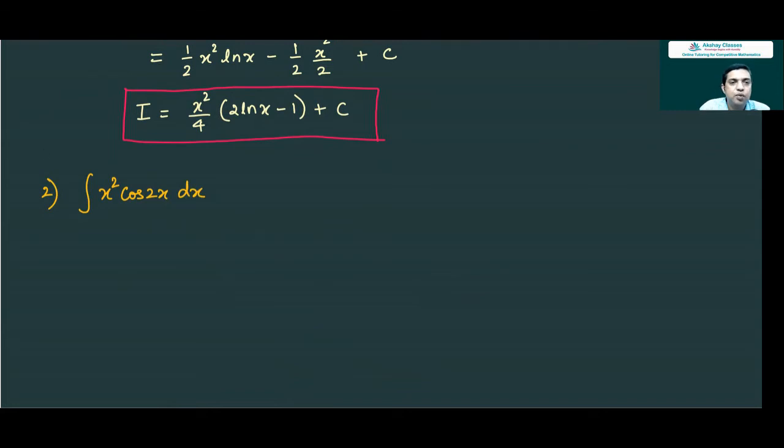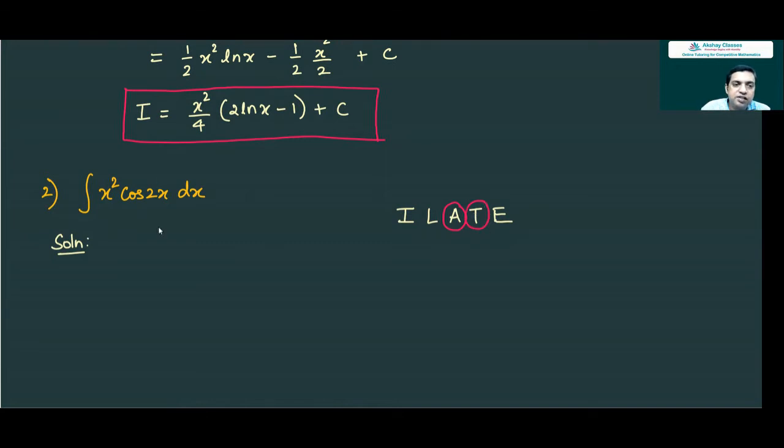Now please tell me which one will be the first function and which one will be the second function. So x square will be the first one. Very good. Because we have algebraic and trigonometric.